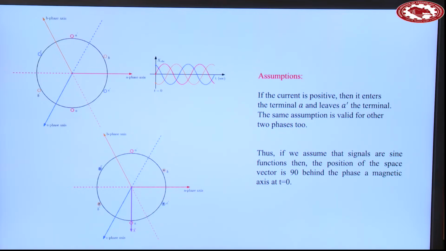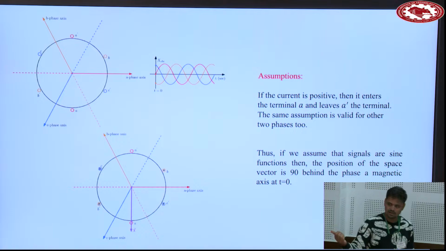At t equal to 0, A phase is 0, B and C are equal but opposite magnitude. So B is positive and C is negative, and A is 0. If A is not there, then the A winding will not be contributing anything to the resultant magnetic vector.